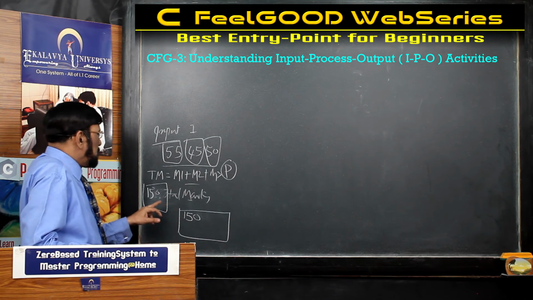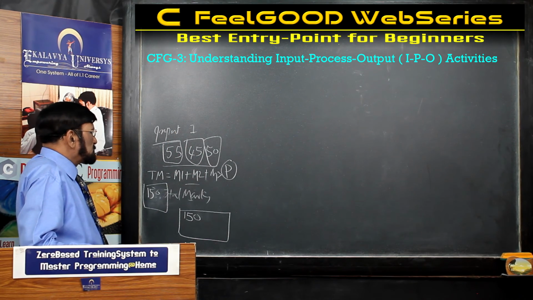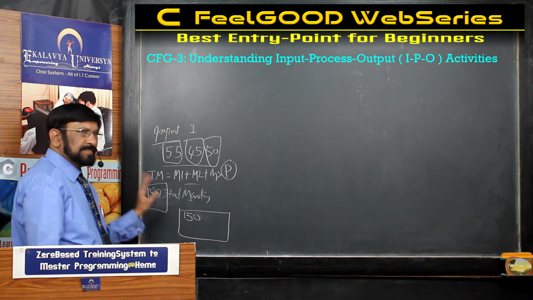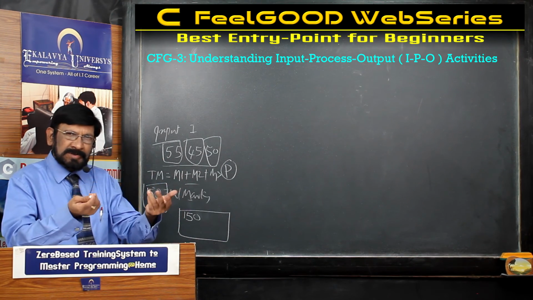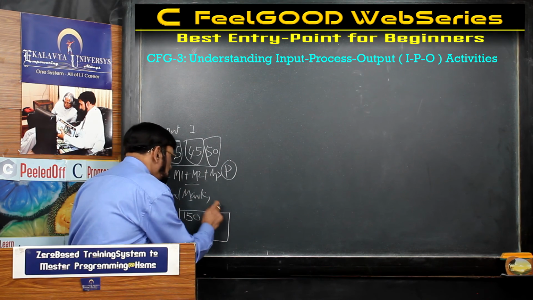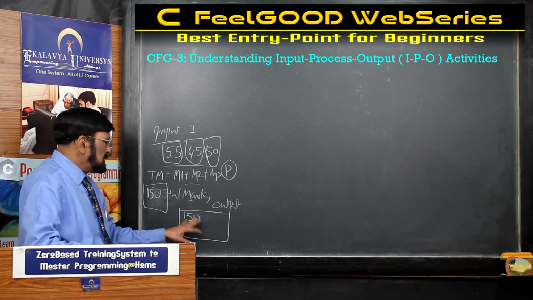In the same manner, total marks are calculated according to the formula and stored in the memory. If you want to see that, the output process should be done to make it visible on the monitor screen.